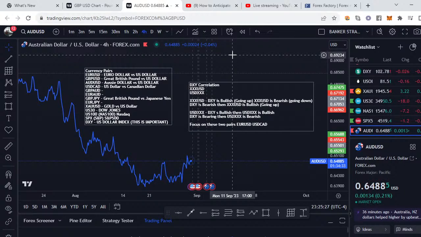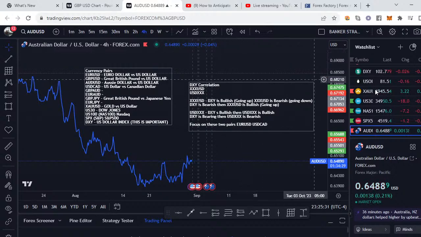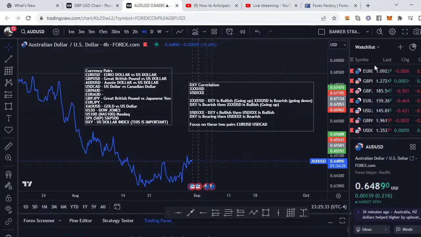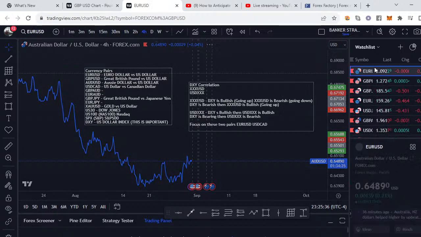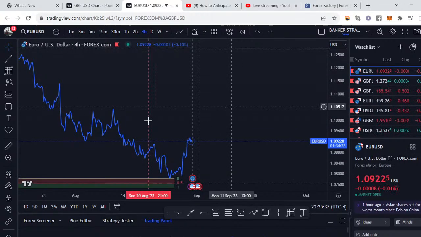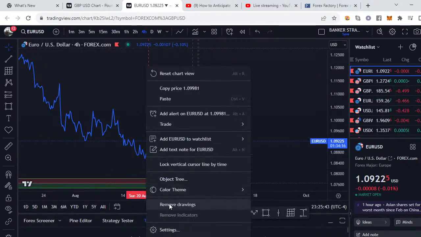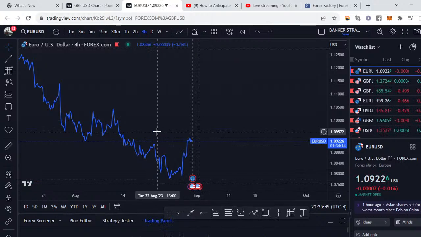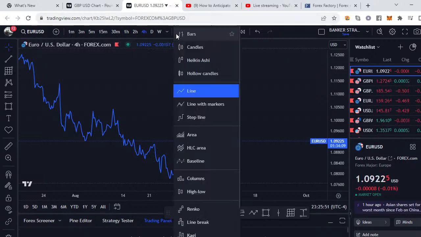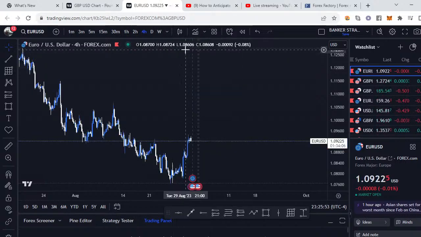Okay, so now that we have that, let's go on Euro USD, and I'll probably use this chart. Since I don't really trade Euro USD anymore, I've moved on to bigger, better things. Anyway, let's clear this up and turn it back into the candles.